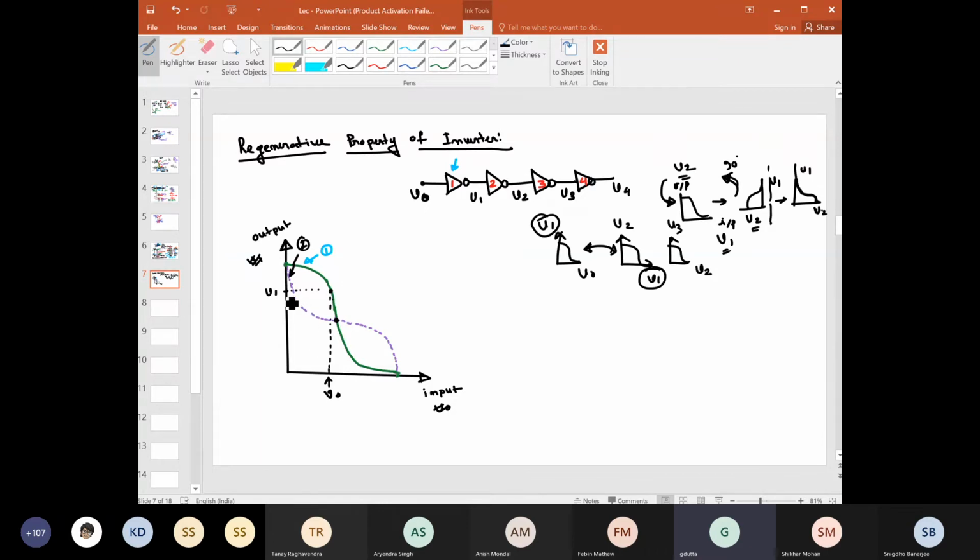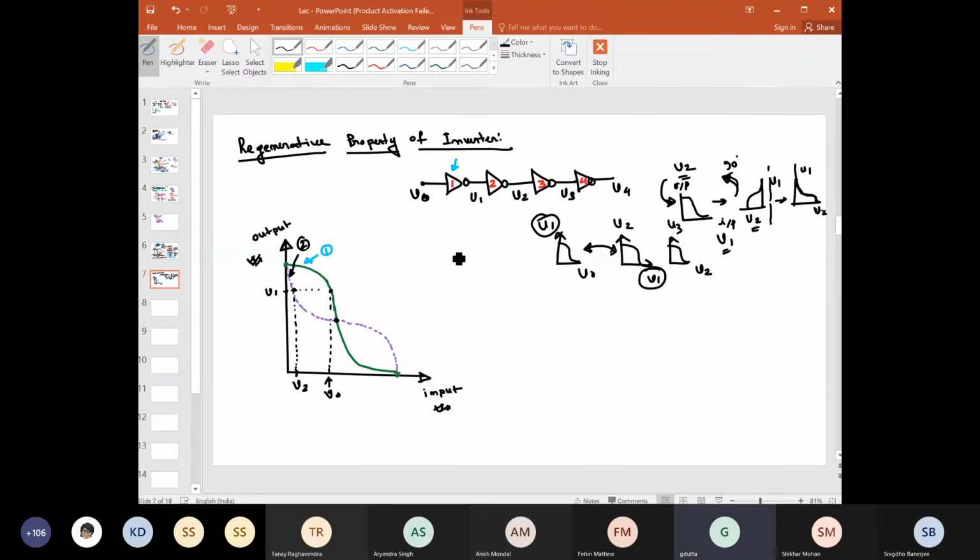Now this V1 is the input for the second inverter. So what will be the output of the second inverter? The output of the second inverter would be here. That is V2.